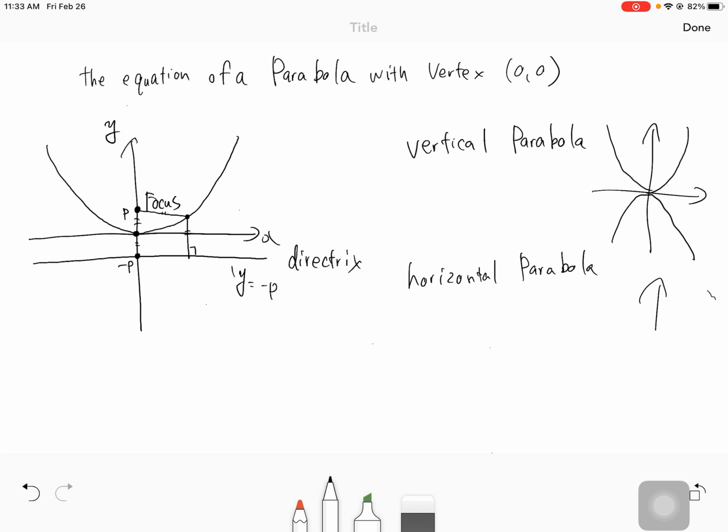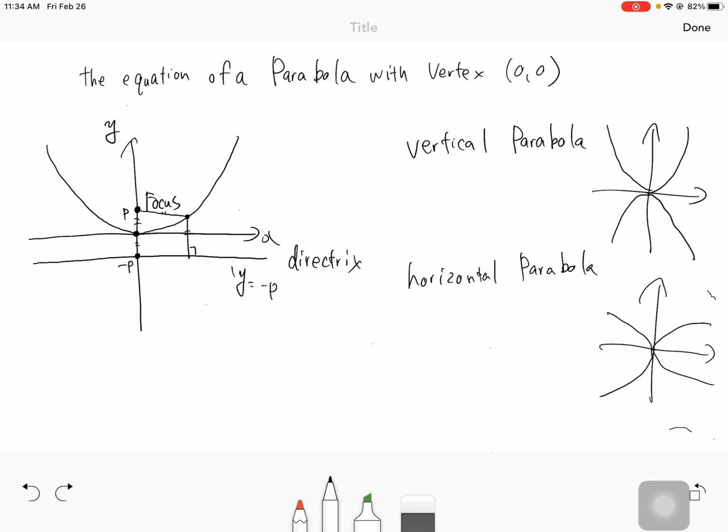Probably you can imagine that horizontal parabola is a parabola that opens left or opens to the right. And the equations of vertical parabola and horizontal parabola are different. So first let me explain about vertical parabola.